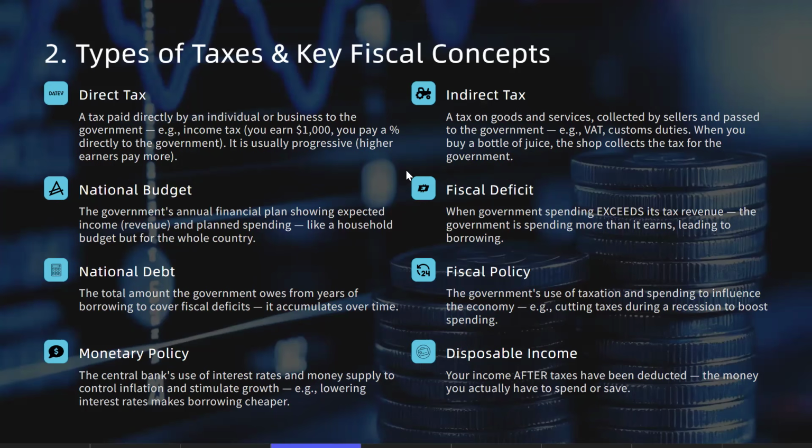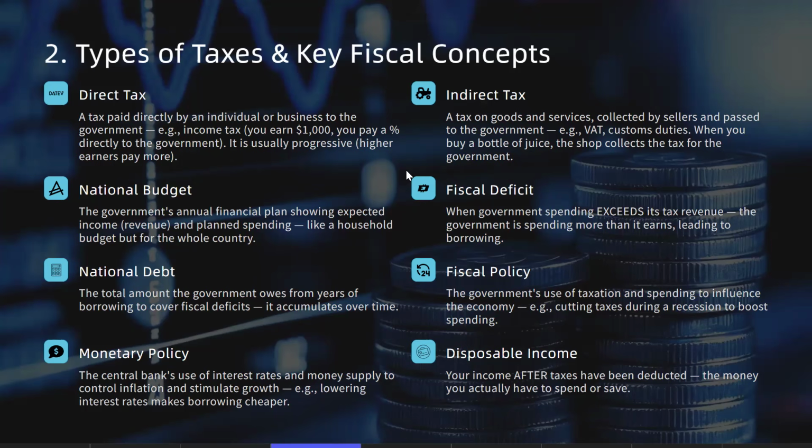You all know what the national budget is? You all ever listened to it for your country before? Anybody? Yes, sir. You know what it is? It's basically how the government plans to spend and earn money for a particular year.